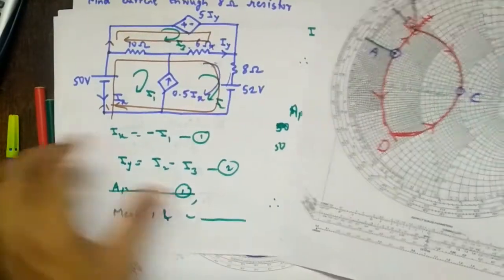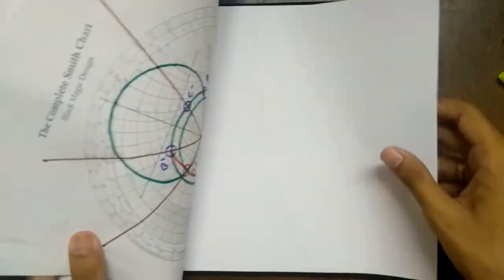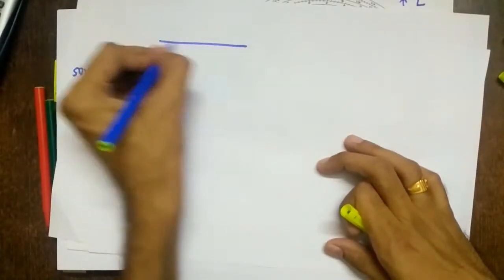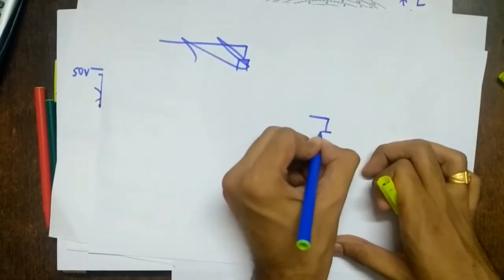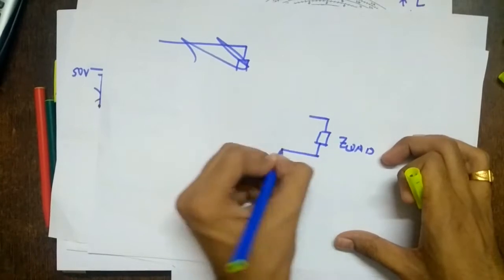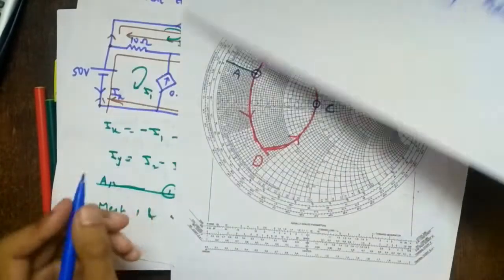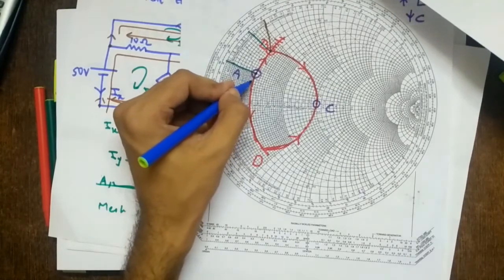Again we require the network, so I will draw it here. Again we have Z load here, and let's see what elements we get.